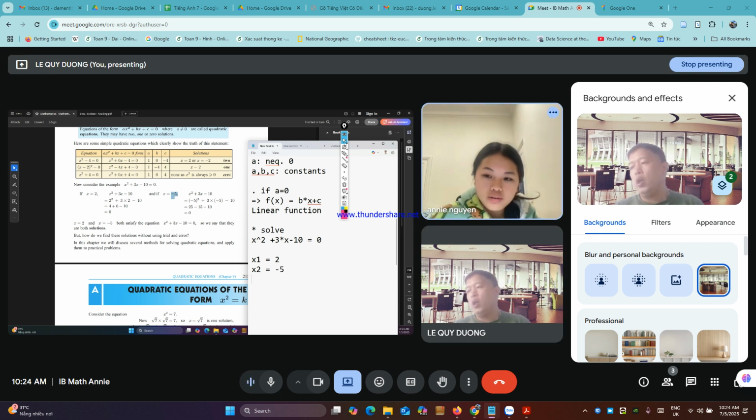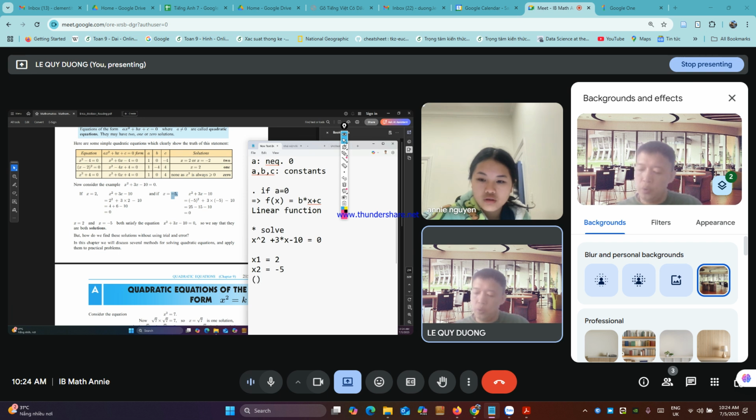Then we can transform the quadratic equation to x minus x1, multiplied by x minus x2, equals 0. This method is called factorization, and we do it with really simple algebra.